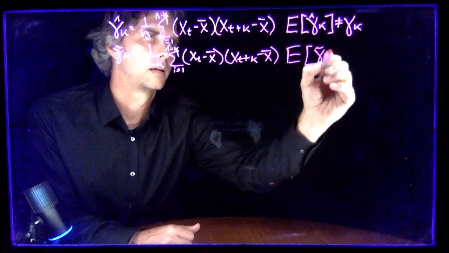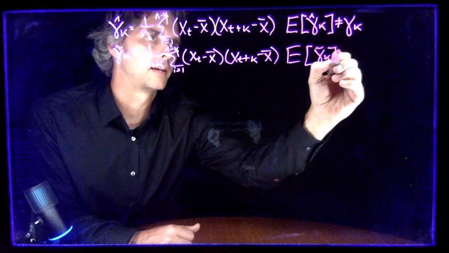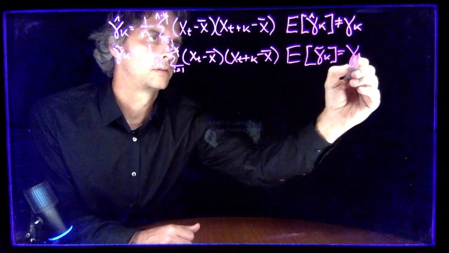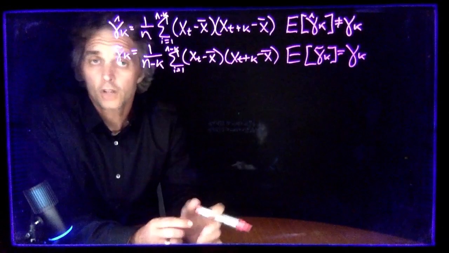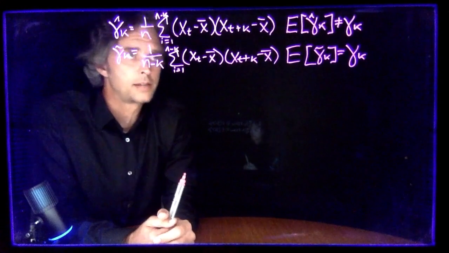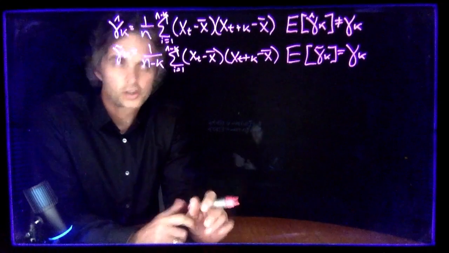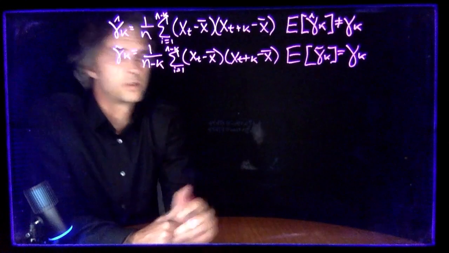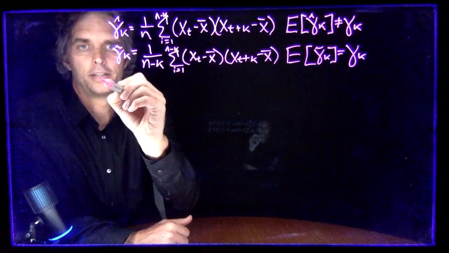The expected value of gamma tilde k is equal to gamma k. Awesome. I'd like to use unbiased estimators when possible. However, let's check out some situations where this may not be advantageous.